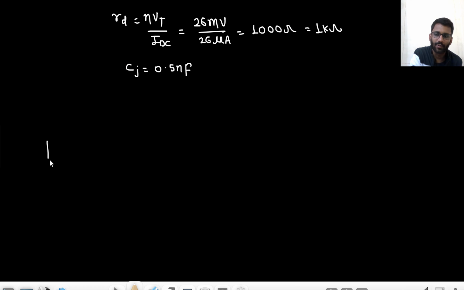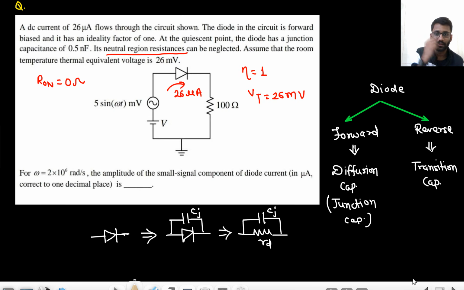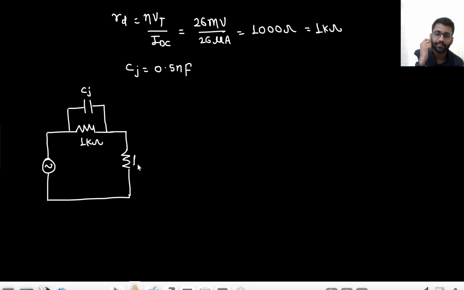The source is 5 sin omega t millivolt, and the diode is replaced with its RD, that is 1 kilo ohm, and in parallel to that the CJ will also come. Then you have this resistance, which is 100 ohm, and your input is 5 sin omega t millivolt.